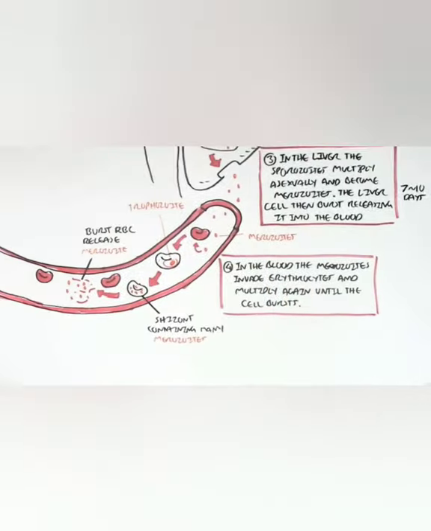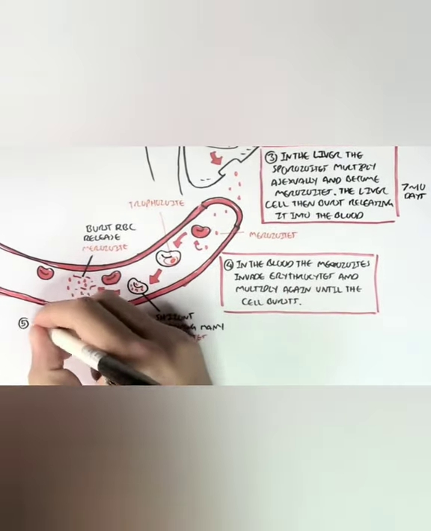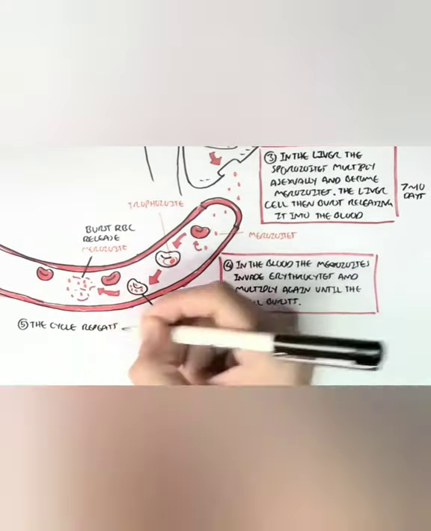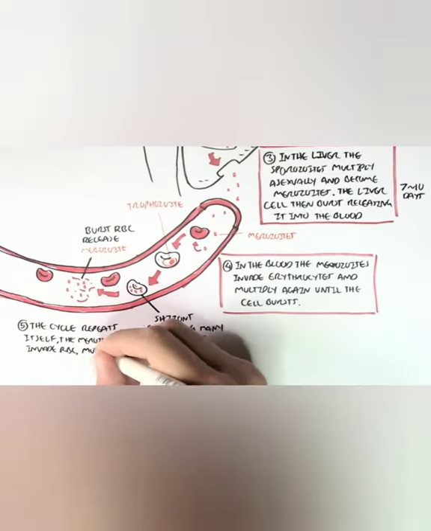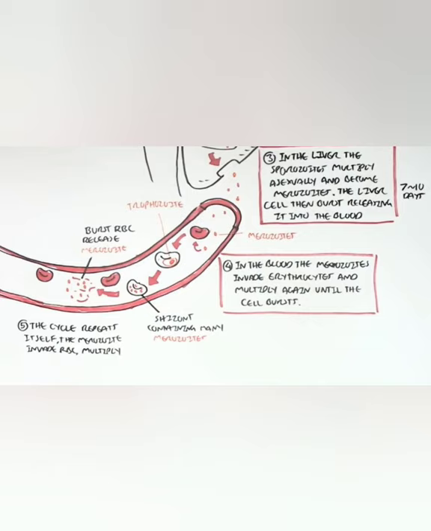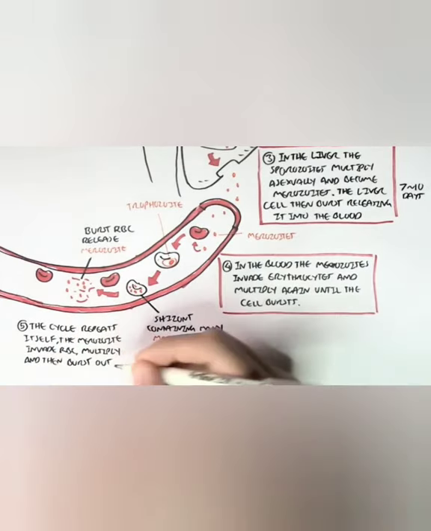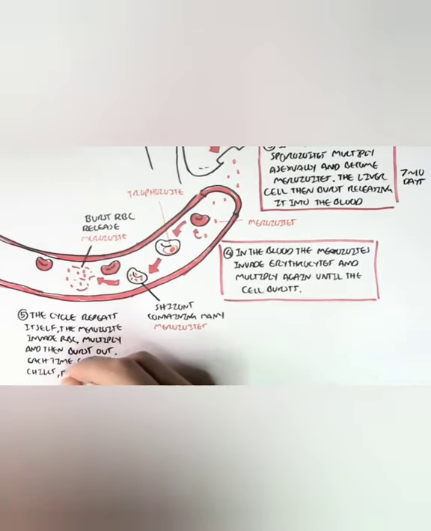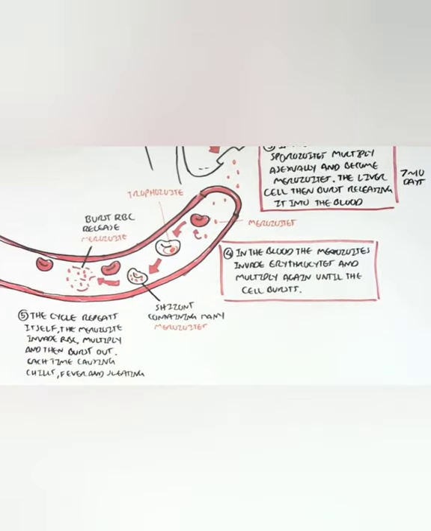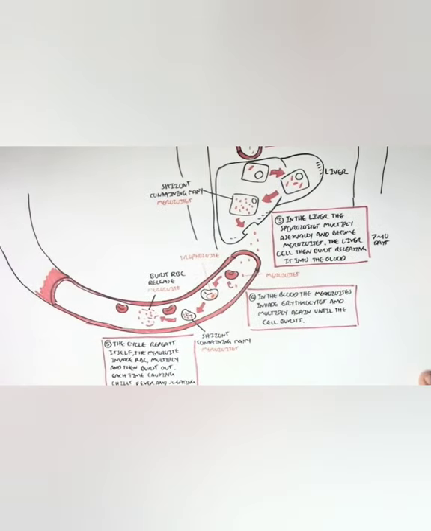So what will happen with all these merozoites? Well, the cycle will just repeat itself. The merozoites will invade more red blood cells, they will multiply, and they will burst out. Each time this happens, this will cause chills, fever, and sweating. The chills, fever, and sweating are typical symptoms of malaria.